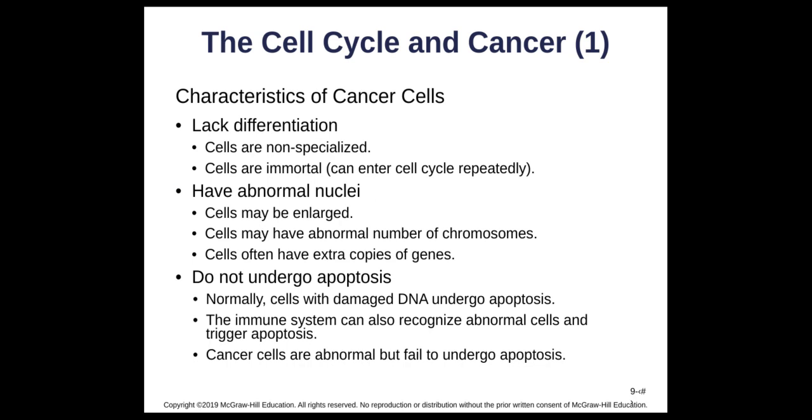Some characteristics of cancer cells is that they do not specialize or they lack differentiation. And they are sort of these immortal cells that can enter the cell cycle repeatedly. In your body, normally, even when we clone something like in those therapies, those cells are going to become certain things, right? We can hijack them to become nervous tissue or muscle tissue or blood tissue or grow skin tissue.